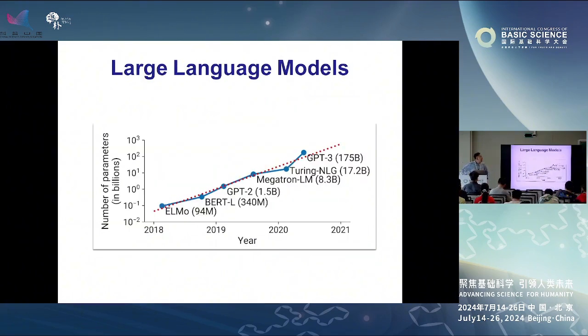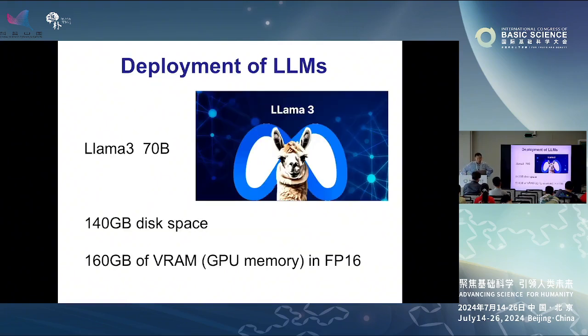Here I show a slightly outdated model, but it still illustrates the basic idea. Starting from the first generation of large language models, model size has been getting bigger and bigger. I think the current large language models have already reached 400 billion parameters. Even for open source models, deploying locally can be quite challenging.